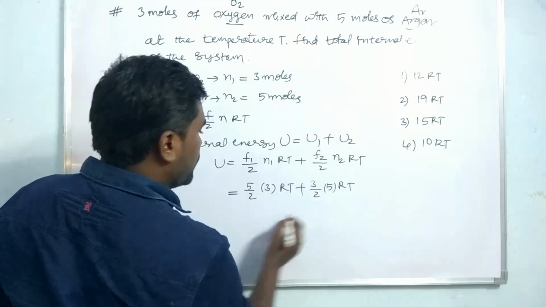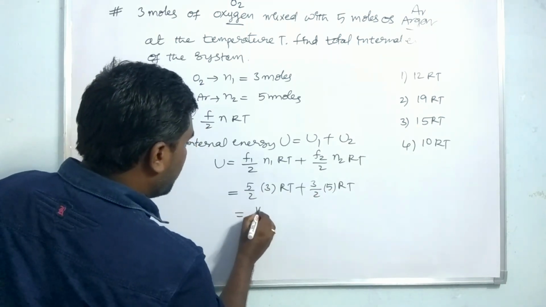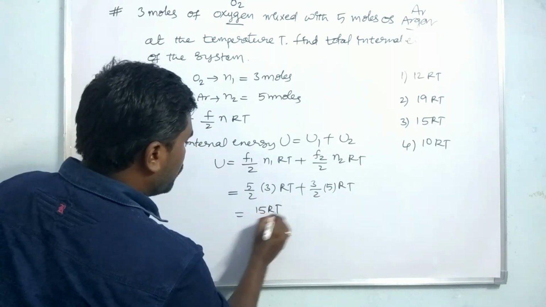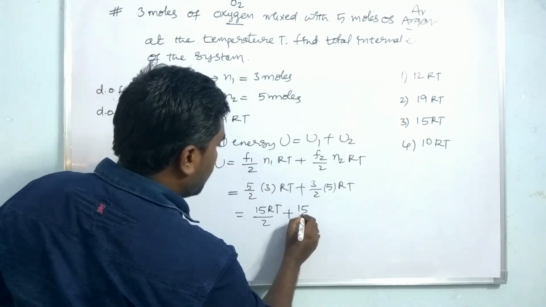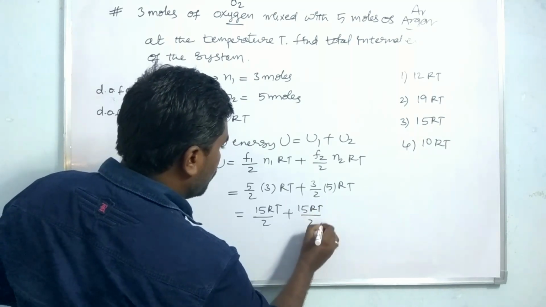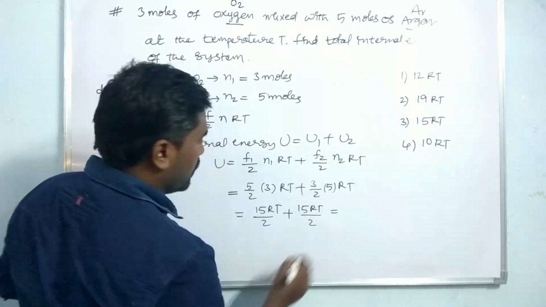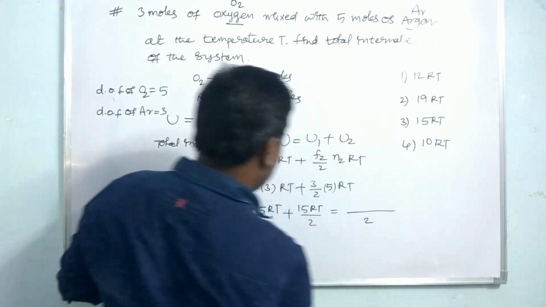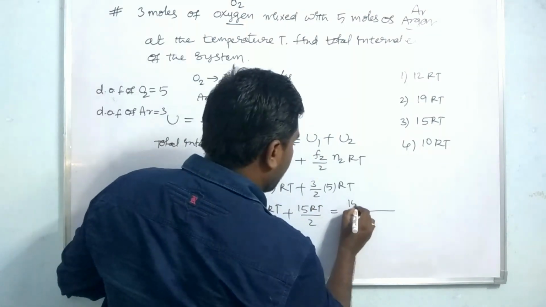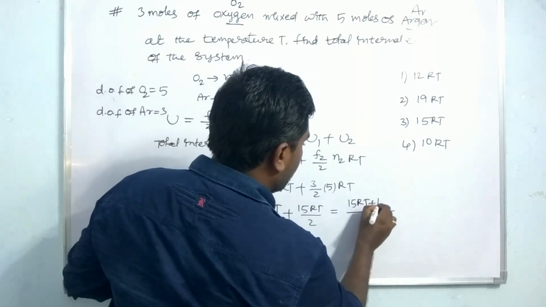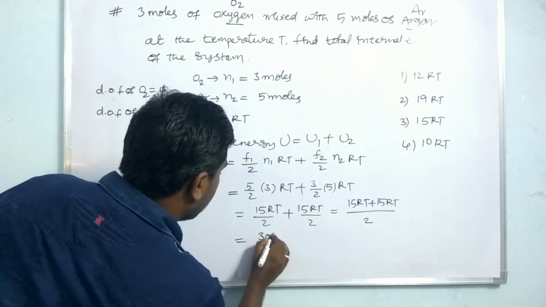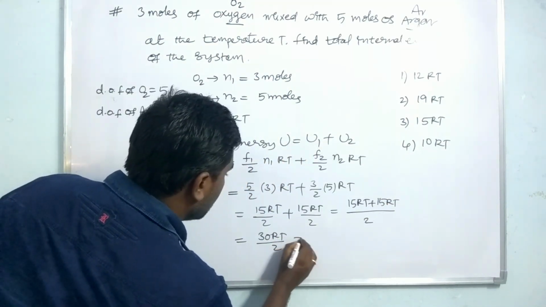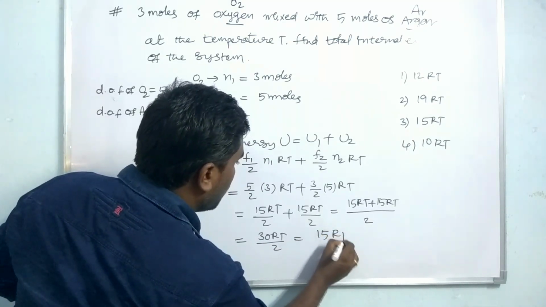So 5 threes are 15 RT by 2, plus 3 into 5, 15 RT by 2. 2 is the LCM here. It is 15 RT plus 15 RT, which is 30 RT by 2, equal to 15 RT.